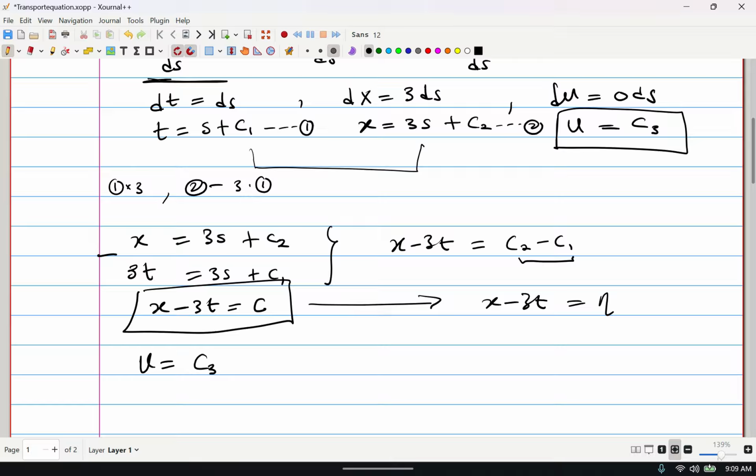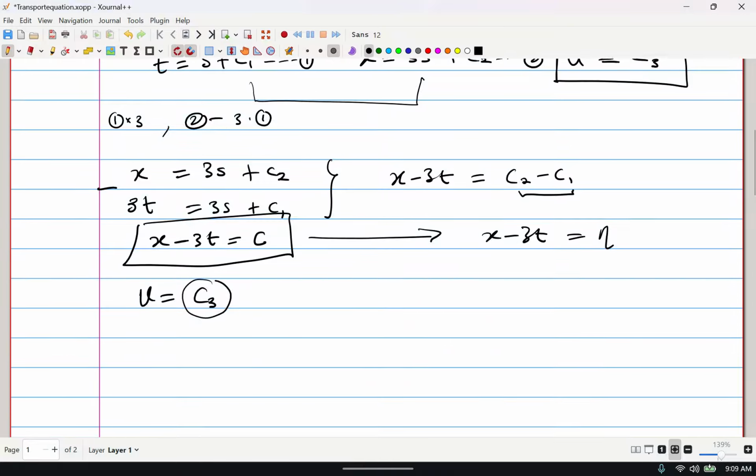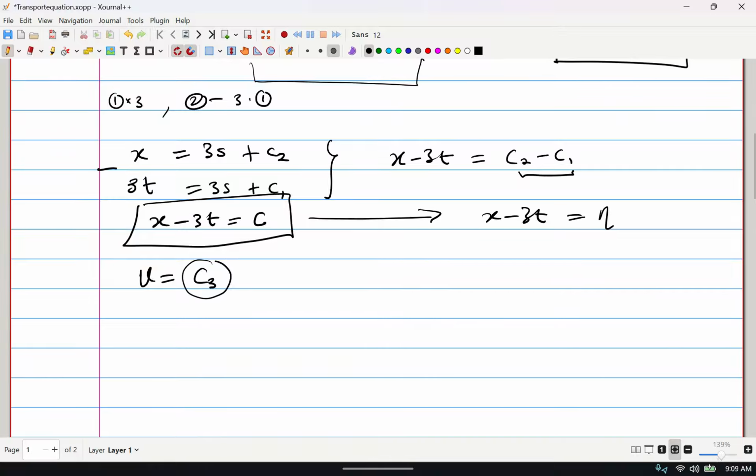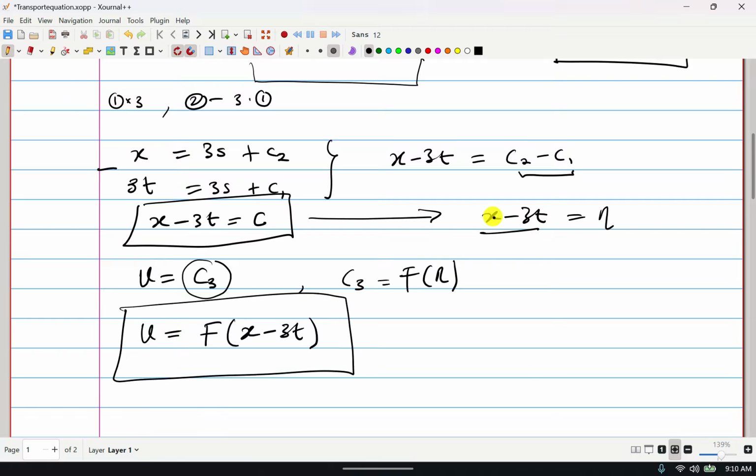And this c3 is some function of eta. So u is constant, but what we know for sure is always constant along characteristics is eta, which is x minus 3t. So u is some function f, because c3 is a function of eta, and eta is x minus 3t. That becomes your solution to the transport equation without initial conditions.